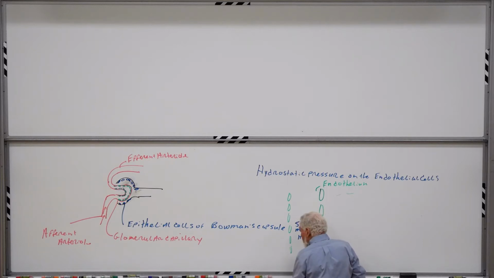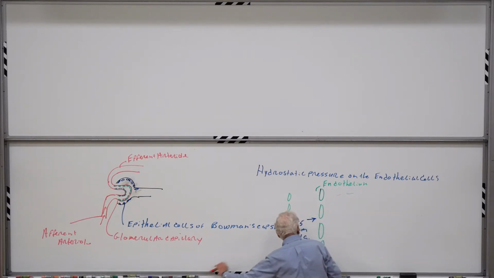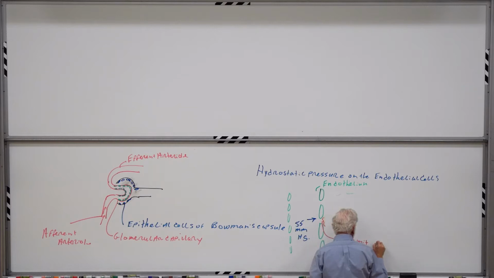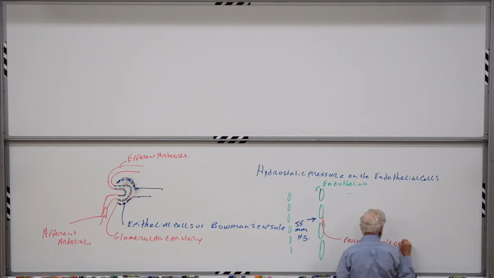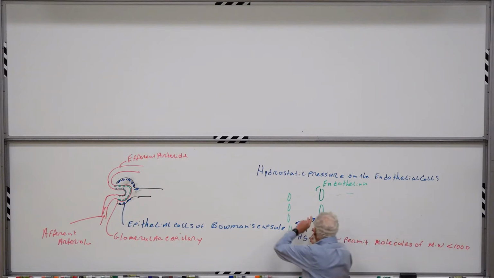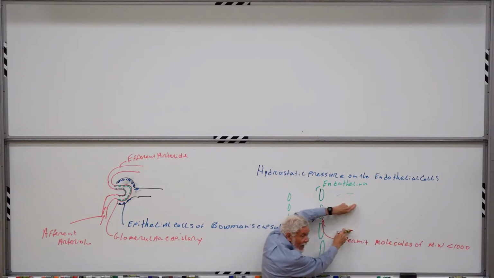Now, the gaps between adjacent endothelial cells permit molecules of molecular weight less than 1,000 to pass from the blood vascular compartment out.